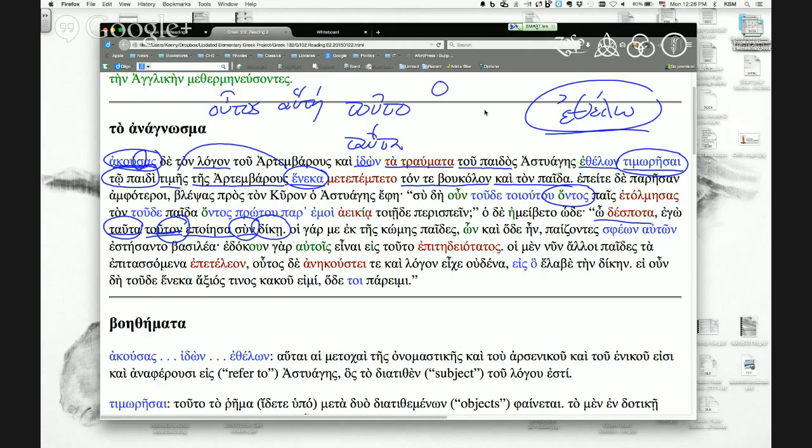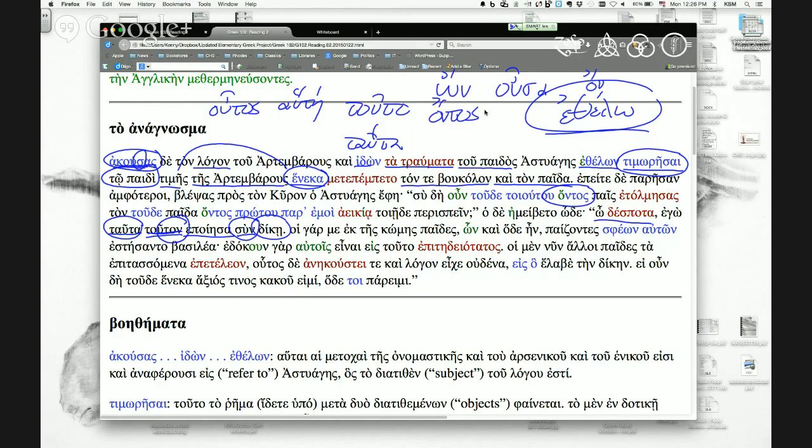So here's the form of the participle: on, ousa, on. And then in the genitive, ontos.